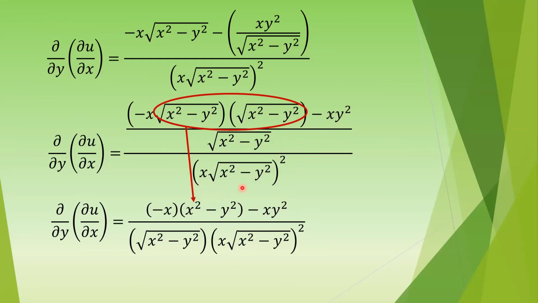kasi, ito ay naka-over ng 1. So, meron ka dyang means and extreme. So, sila magkakasama. Itong dalawa na to. Square root of x squared minus y squared times x square root of x squared minus y squared quantity squared.